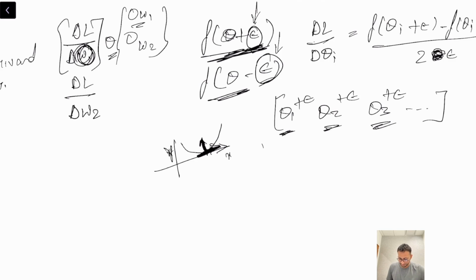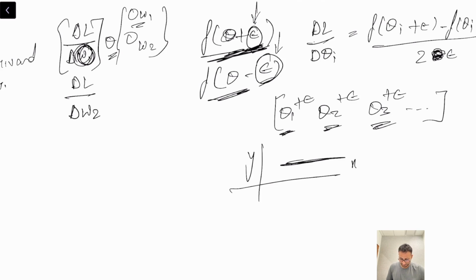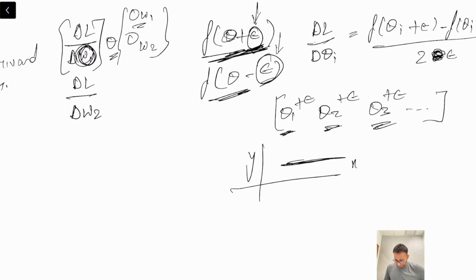Let me pick a different example. So let's say this is my function, and I'm looking at 2 parameters, x and y. At a certain point, I'm changing x by epsilon and minus epsilon, and I'm also changing y plus epsilon and y minus epsilon. Changing x basically brings a bigger change to my function as opposed to changing y.